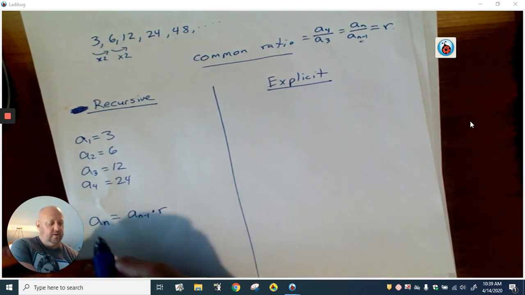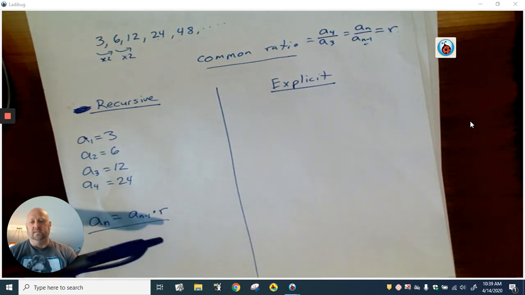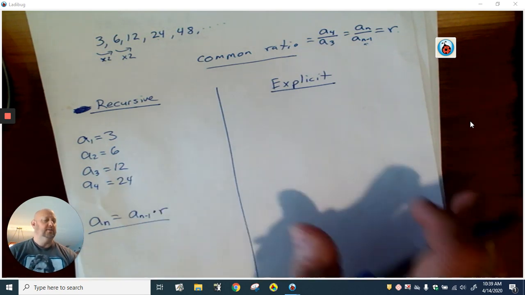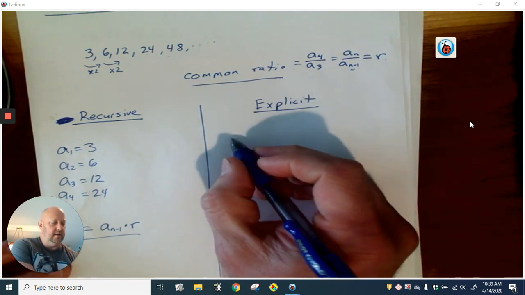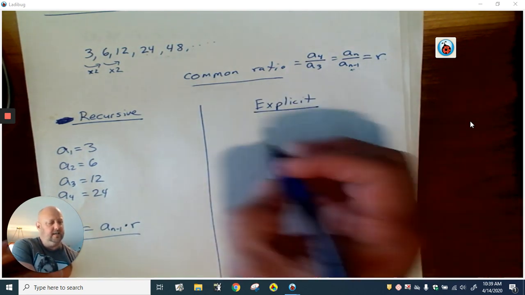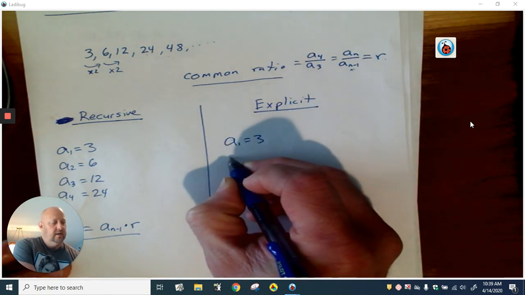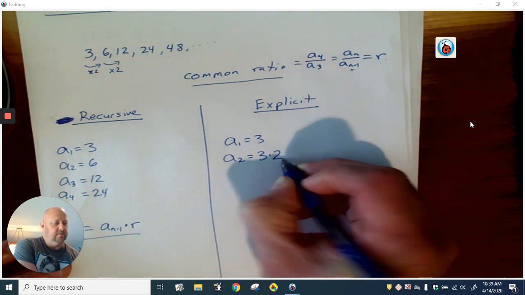The recursive way works if I'm trying to find the 5th, 6th, or 7th term, but if I'm trying to find the 82nd term, that's going to take me all day long. So we want an explicit way of doing this. We know a sub 1 is 3, and we got a sub 2 by doing 3 times 2.